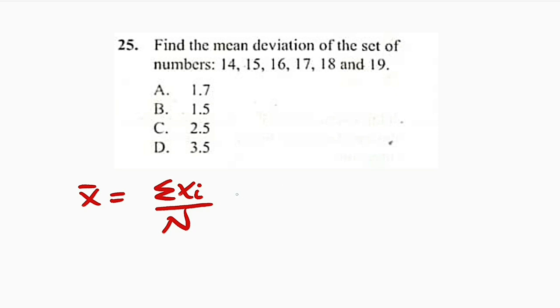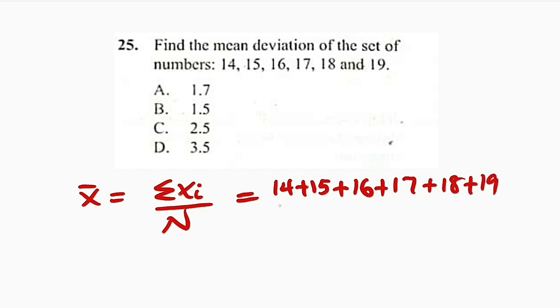Summation of xi's, meaning we should add all the numbers together. So we have 14 plus 15 plus 16 plus 17 plus 18 plus 19. Then we divide by n. N is the number of numbers. 1, 2, 3, 4, 5, 6. There are 6 in number.